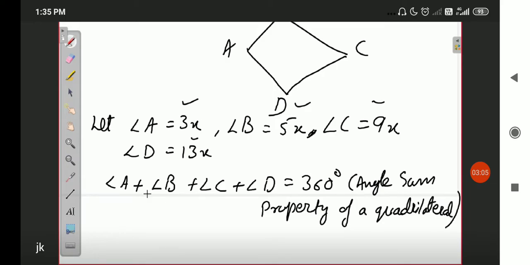And you will find out the value of x by doing this, and after finding out the value of x, you will multiply it with 3, with 5, with 9 and with 13 individually to get the values of angle A, B, C and D.